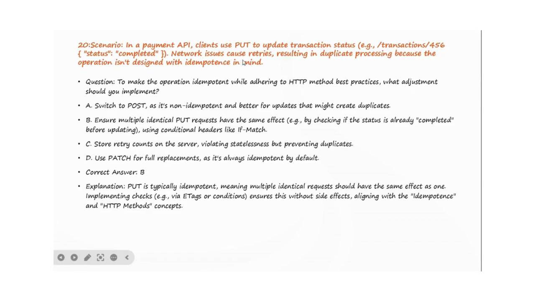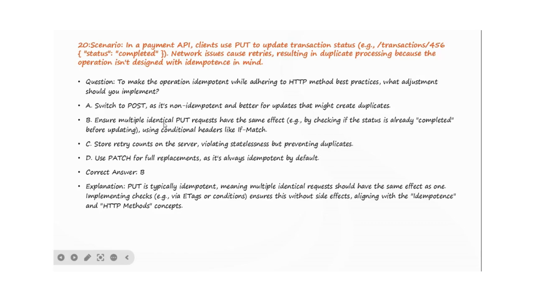Network issues cause retries, resulting in duplicate processing because the operation is not designed with idempotence in mind. Question: to make the operation idempotent while adhering to HTTP method best practice, what adjustment should you implement?